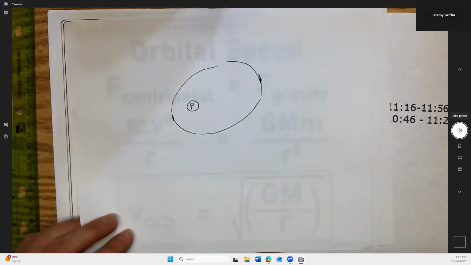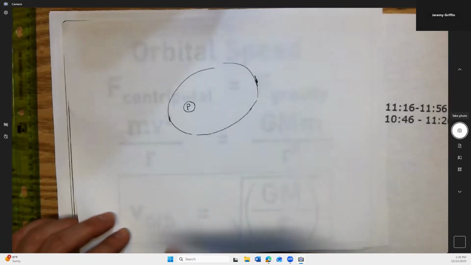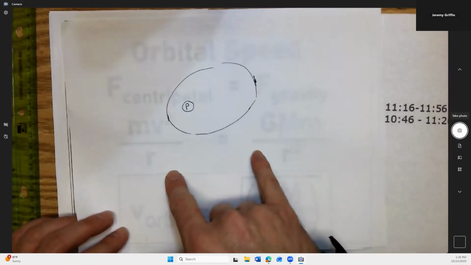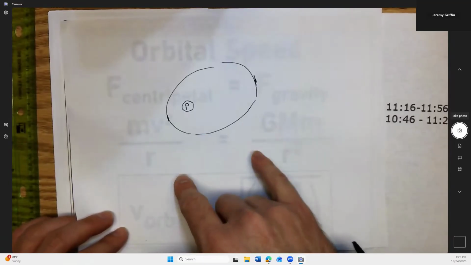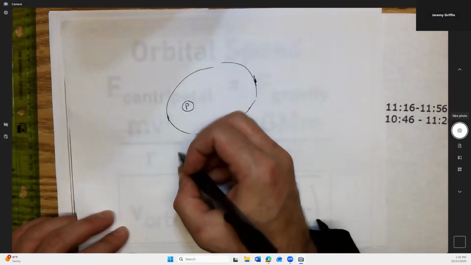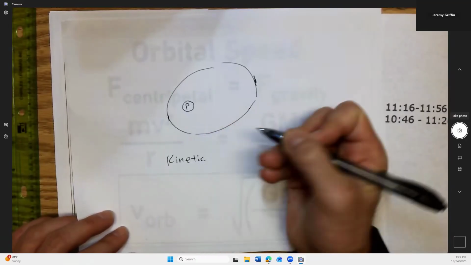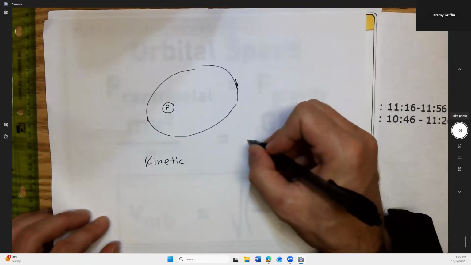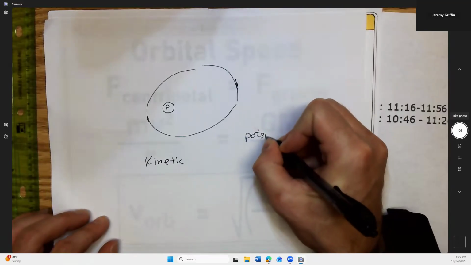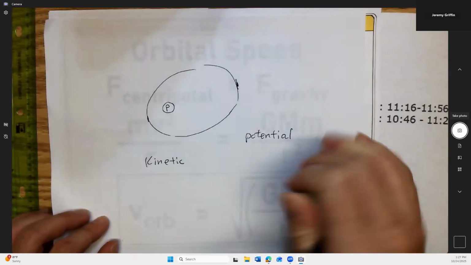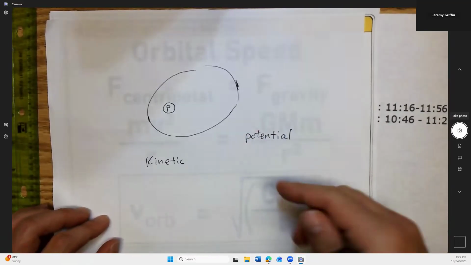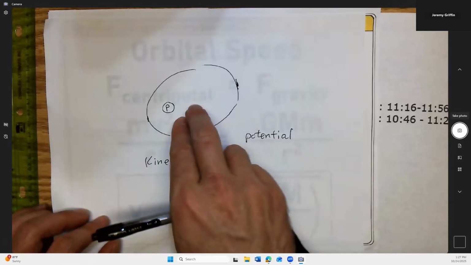Now, glance ahead. I've got some questions coming up because it's a Kahoot from the past. It asks questions about energy. There are different forms of energy. One form is called kinetic, and that's energy of motion. And there's another form called potential energy. We'll be studying this next week. That's energy of position or height, or in this case, distance from the planet.